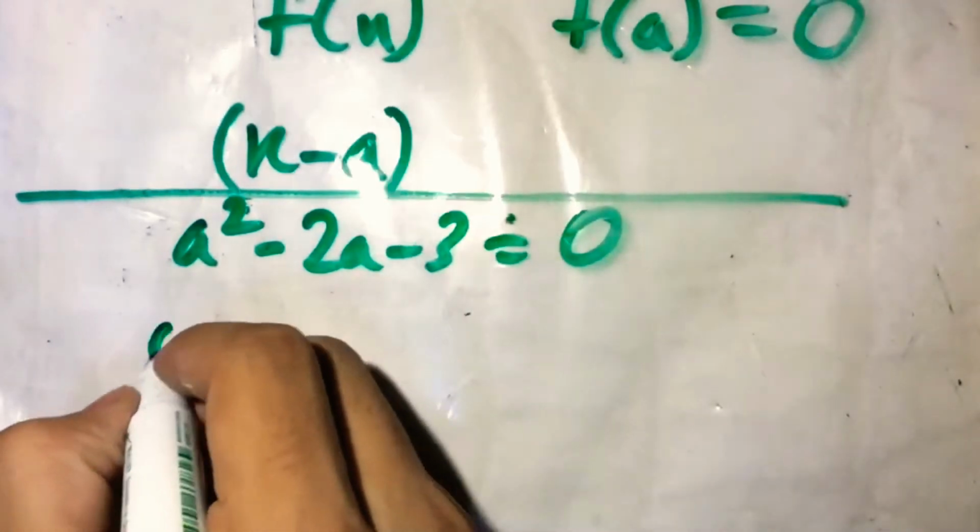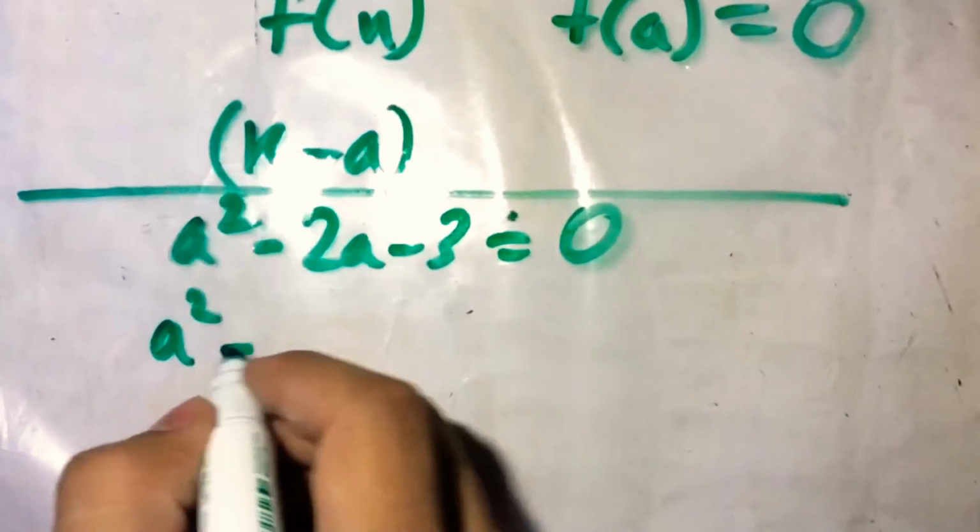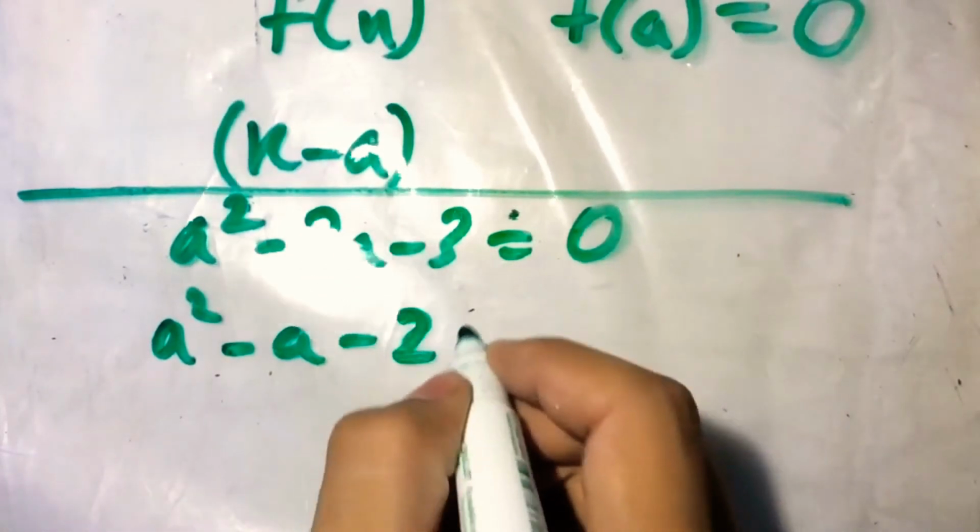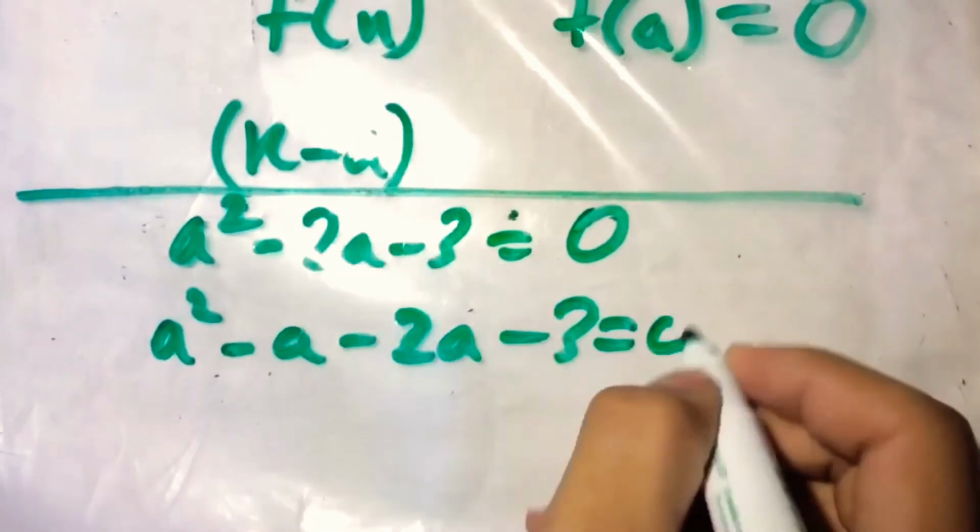So middle term breaking, a square minus 3a plus a minus 3 equals 0.